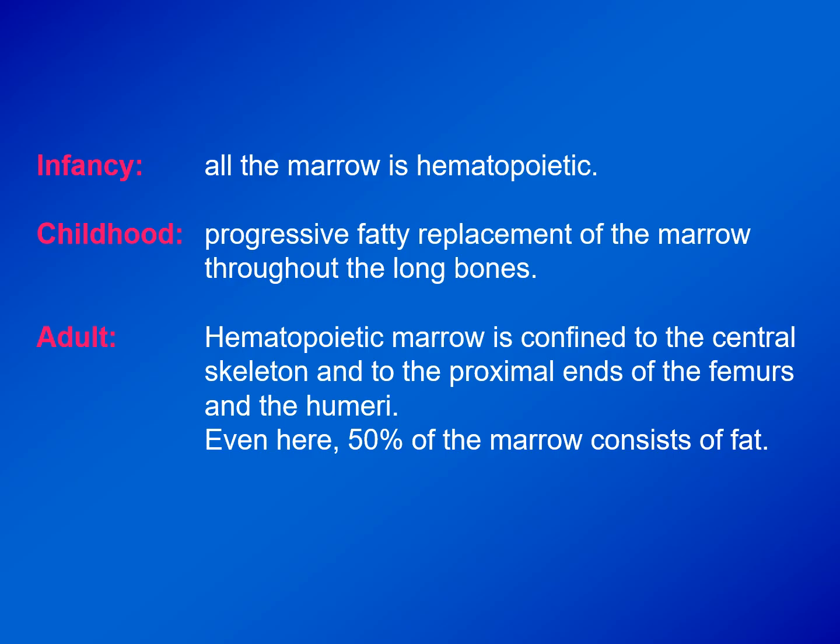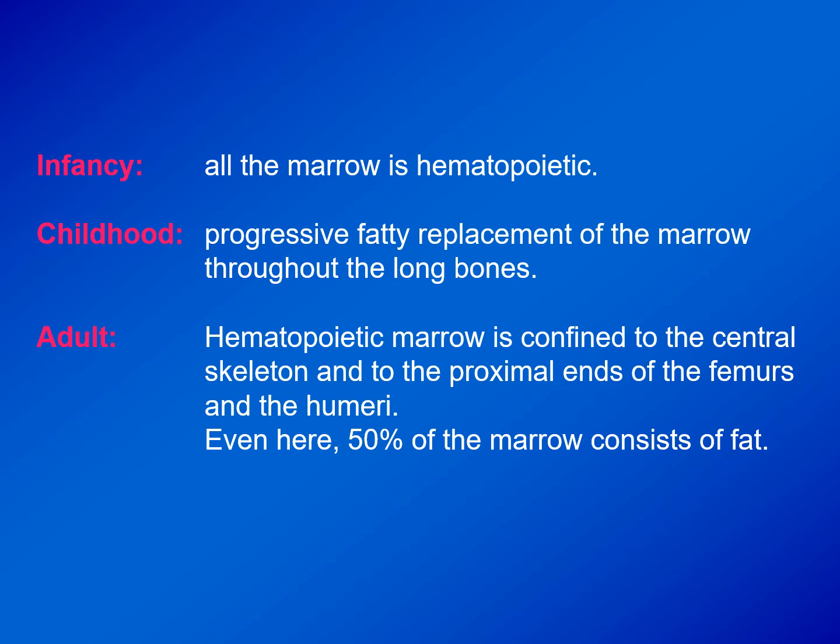In infancy, all the marrow space is hematopoietic. However, as there is remodeling of bone, as the child grows from infancy to childhood to adulthood, there is more bone marrow space than is needed for the hematopoietic elements, and therefore there is progressive fatty replacement of the marrow throughout the long bones.